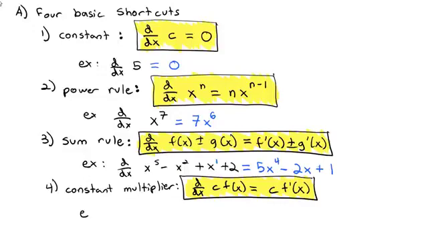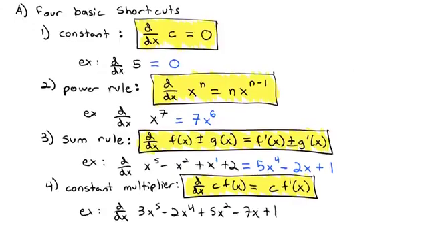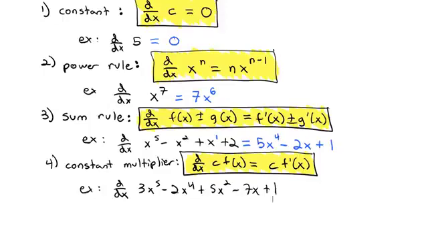So, for example, if I wanted the derivative now of 3x to the fifth minus 2x to the fourth plus 5x squared minus 7x plus 1. Let's get us a little more whiteboard space so we can put it right underneath it. The 3 can just be multiplied by whatever the derivative is of x to the fifth.